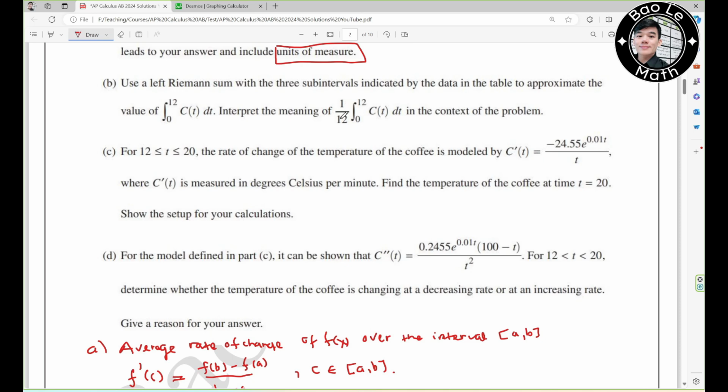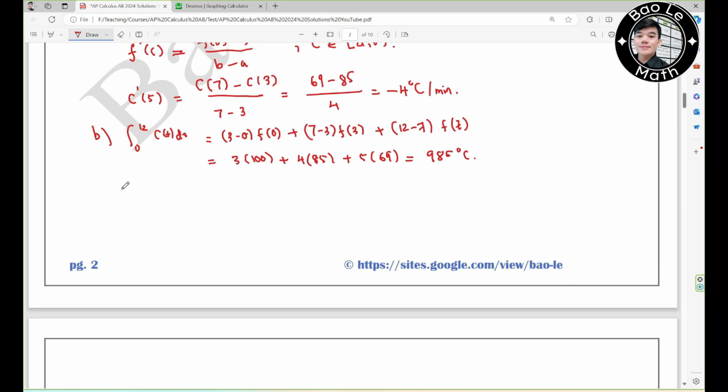Alright, next one. Interpret the meaning of 1 over 12 times the integral from 0 to 12 of C of t dt in the context of the problem. Alright, so we're going to use the average value of a function. 1 over 12 times the integral from 0 to 12 of C of t dt is equal to 1 over (12 minus 0) times the integral from 0 to 12 of C of t dt.